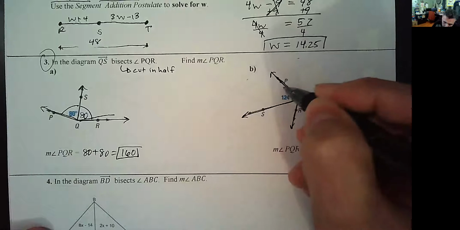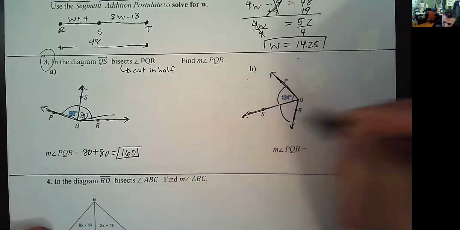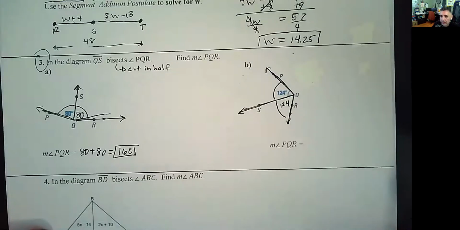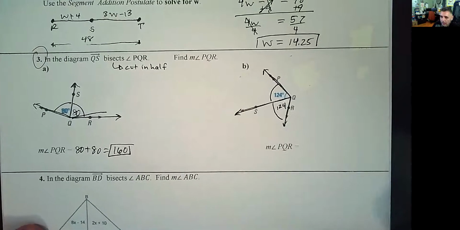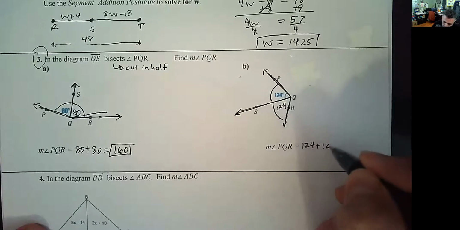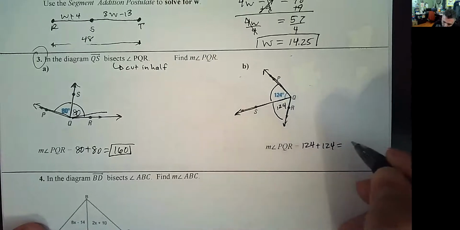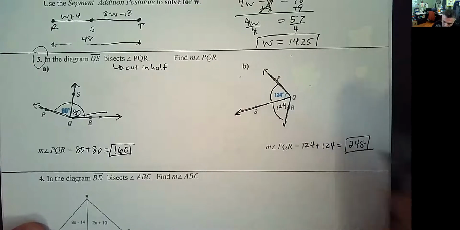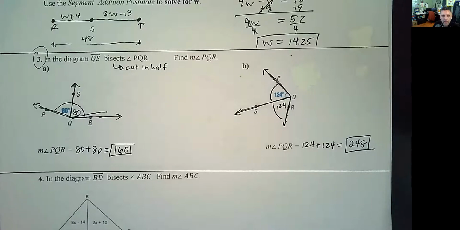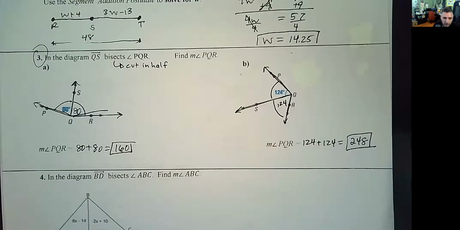It's bisecting this big angle into two equal angles. So then, the PQR must be 124 plus 124, which is 248. Again, pause that if you need more time to look at it. I'm gonna move on to the last one.